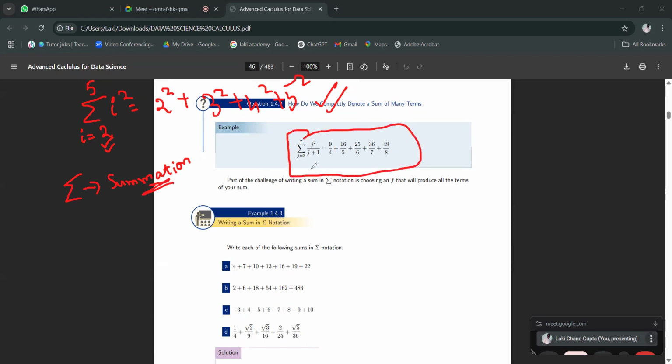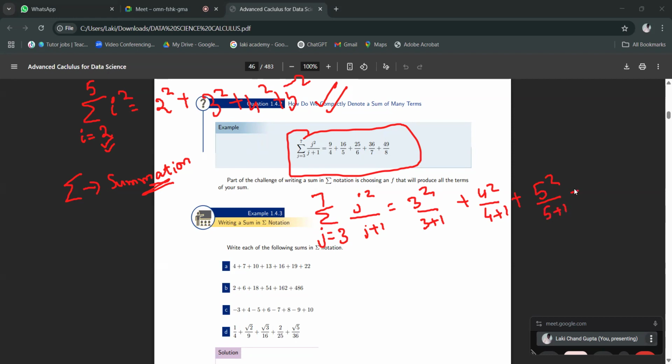One more example you can see. Here j is an index which starts from 3 to 7. So the first value of j will be 3, right? In the place of j, put 3. Then 4. Then 5. 6.